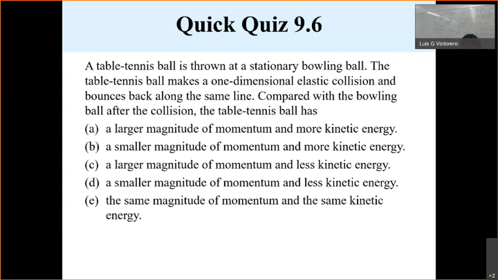It makes a one-dimensional elastic collision and bounces back along the same line. Compared with a bowling ball after the collision, the table tennis has a larger magnitude of momentum and more kinetic energy. Be careful with that because remember that the masses are different, right?